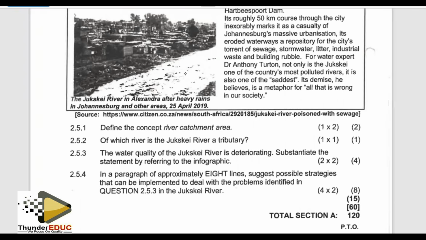So a catchment area is an area that supplies a river with water.